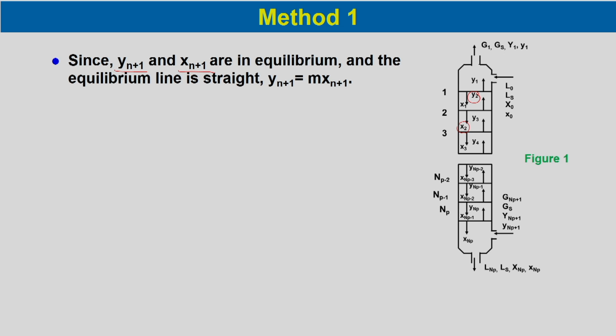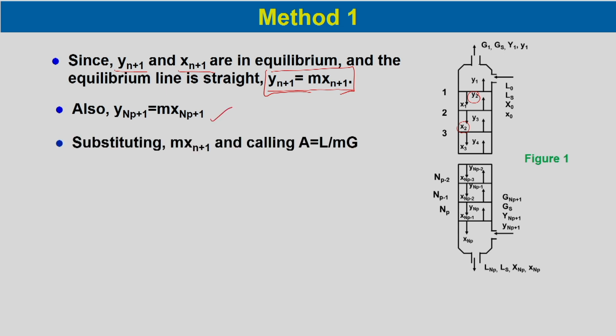So, we can write the equilibrium relation y n plus 1 is equal to m x n plus 1. This is the equation of a straight line. Similarly, we can also write y n p plus 1 equal to m x n p plus 1.